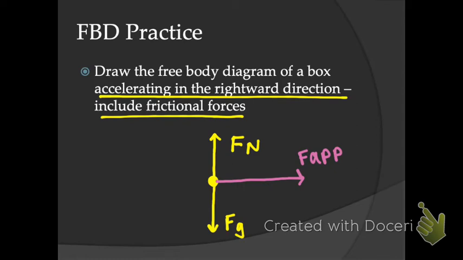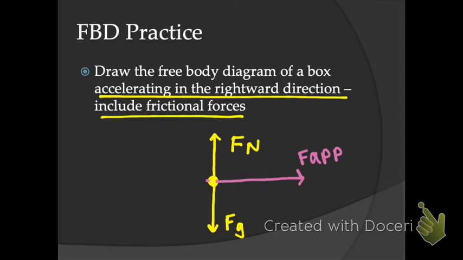Now I still have to include frictional forces. Which direction would my frictional force go? It's going to oppose the motion. So if my object is moving to the right, my friction has to go in the opposite direction. Now, would my frictional force be equal to my applied force here?